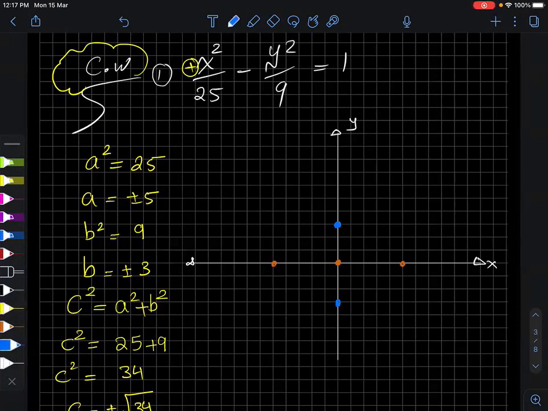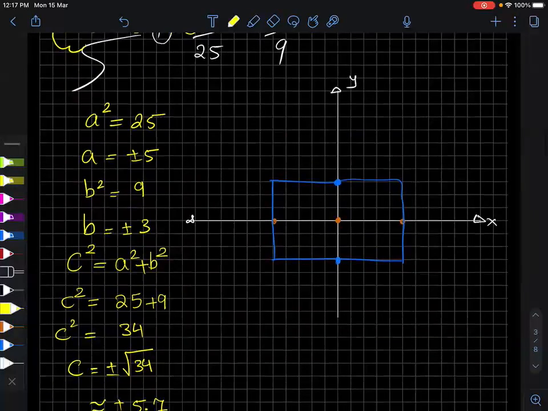Connect the points, the vertices and the co-vertices. Draw a rectangle like this through the vertices and the co-vertices. The vertices are on the x-axis right now, and the co-vertices are on the y-axis. Draw the asymptotes. Pay attention, please.